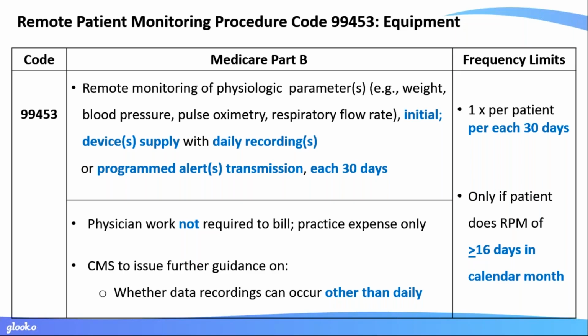Now, these codes are paid under Medicare Part B, which is where all the outpatient benefits are housed. Medicare Part A houses all of the inpatient benefits and some others, and Medicare Part B is really outpatient. So we've got the first code, 99453, and basically it's supplying the patient with the device. It's called device supply.